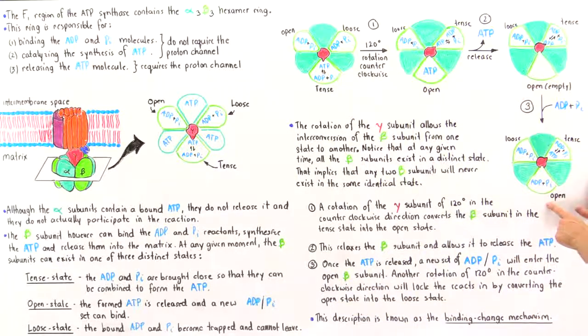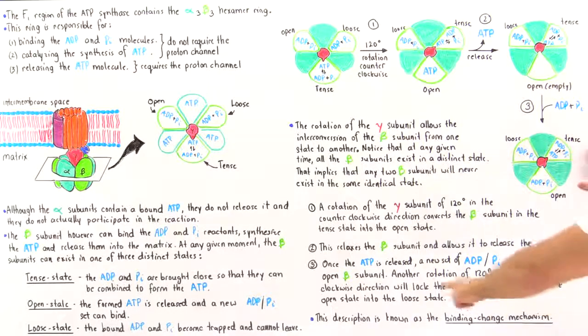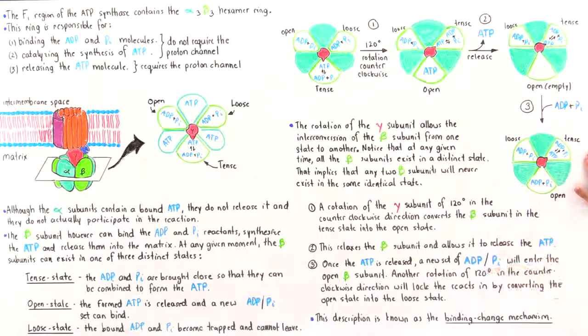And once in a loose state, these two reactants will become trapped within this beta subunit. So another rotation of 120 degrees in a counterclockwise direction, which is not shown in this diagram, will lock the reactants, the ADP and the Pi, in this state, and they will not be able to leave this structure. And so this mechanism is what we call the binding change mechanism.